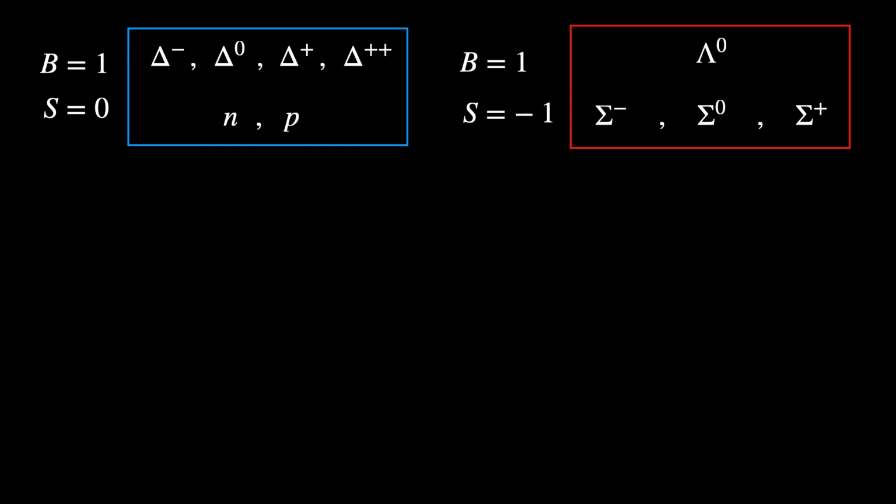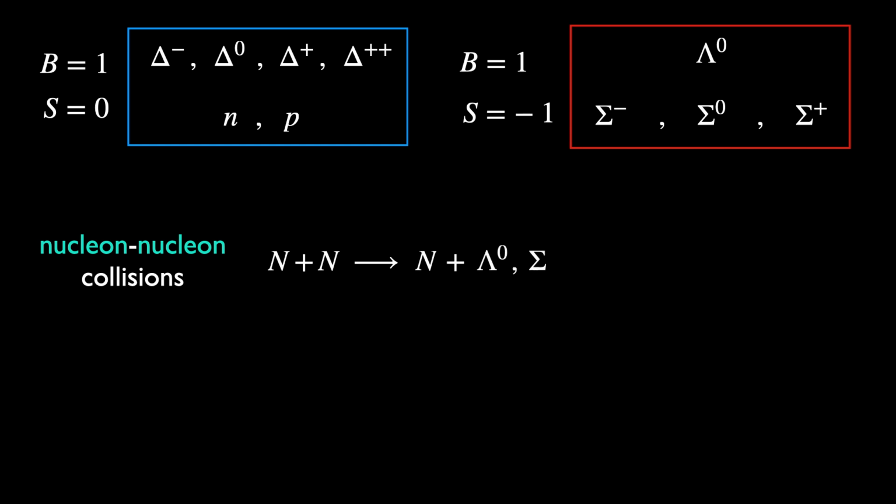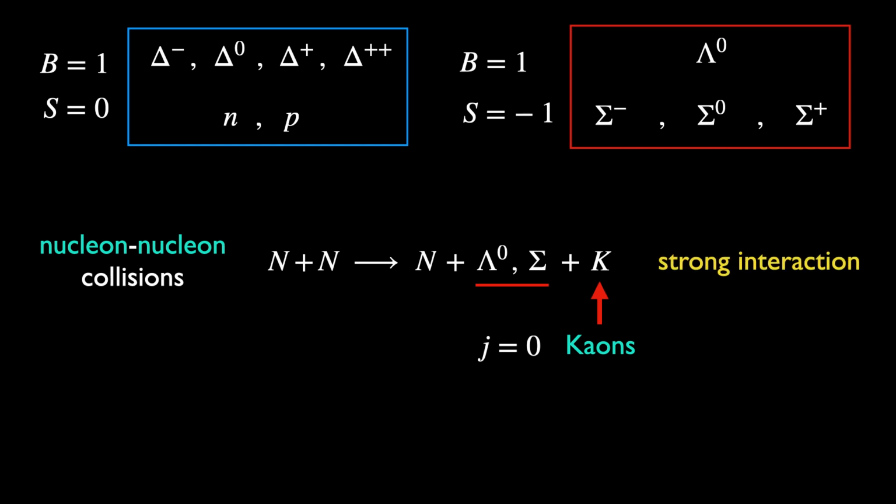Let's look at another example with non-zero strangeness. In nucleon-nucleon collisions, in which the hyperons are produced, together with them came particles known as Kaons, which have spin 0. This is another strong process. The Kaons themselves also belong to some isospin multiplet, a doublet to be precise.